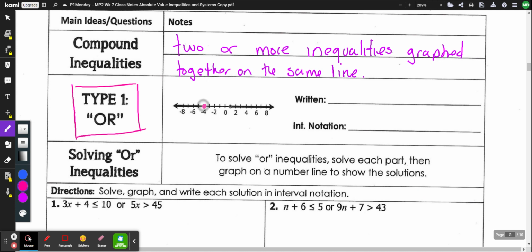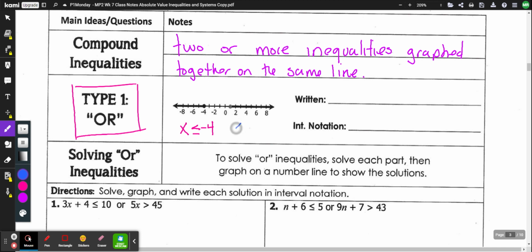There's two inequalities. Here we have a closed circle at -4, and it's going to the left. So that inequality is going to be x is less than or equal to -4. Over here we have an open circle going to the right.